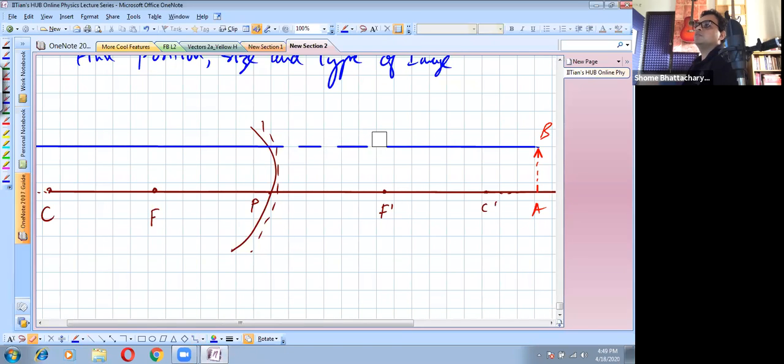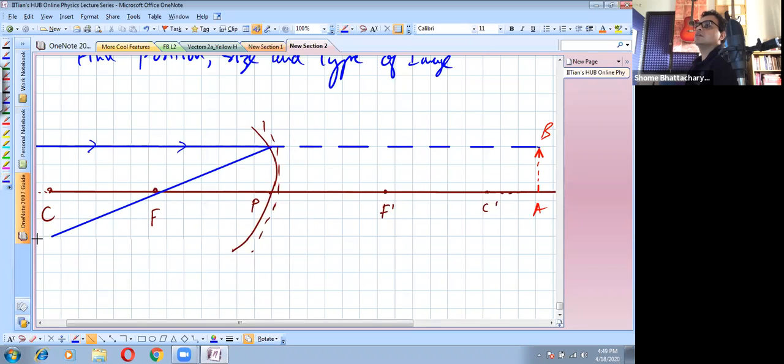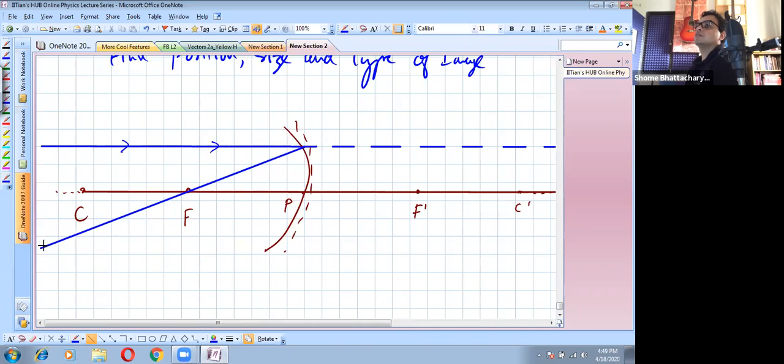When I produce it all the way back, it's like this incident. Okay. Whereas actually it's incident only up to here. And we know that after reflection, what will happen? It will suffer reflection and pass through the focal point. So actually, this incident ray will do this after reflection. It will do this. Okay.